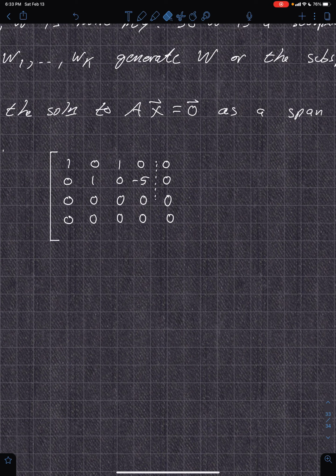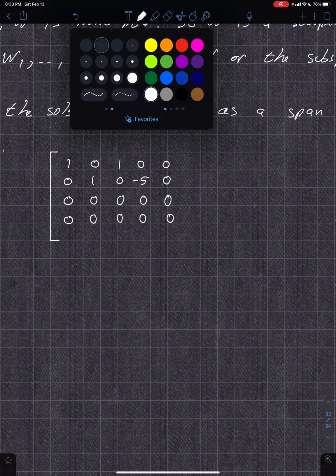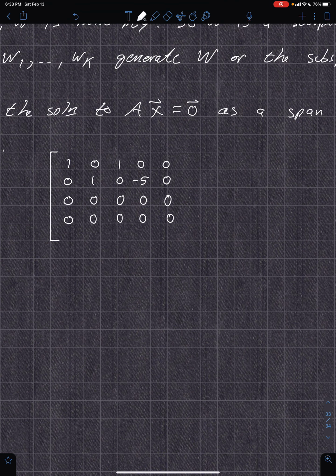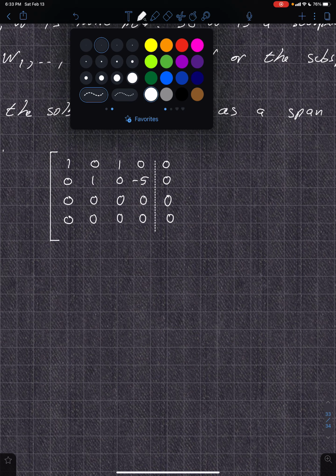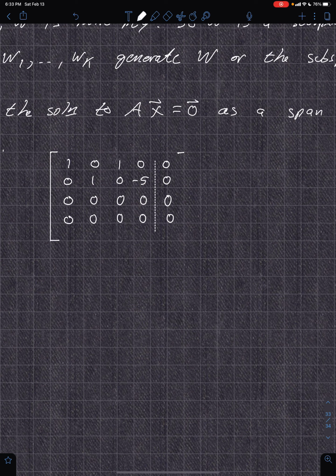Oh, you know what? Let's do this just because I can. I know it's a lot of work for dotted lines, but I'm trying to make it interesting. Okay, so you get this set. About as nice as I've ever made one look.